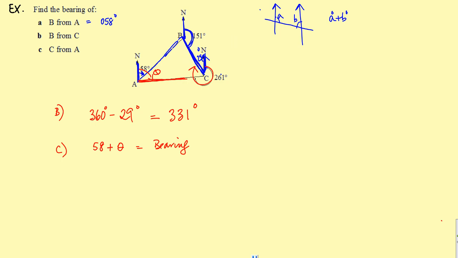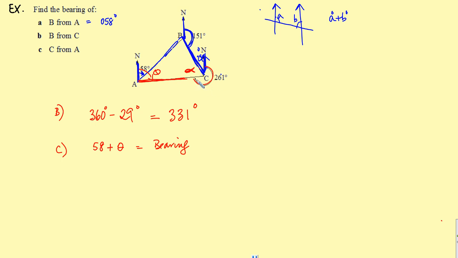So what I'm going to do then is find out what the measure of this angle is here. I'll call it alpha. By finding the measure of angle alpha, that'll help us solve the situation on the other side, on the left-hand side here, to find theta.